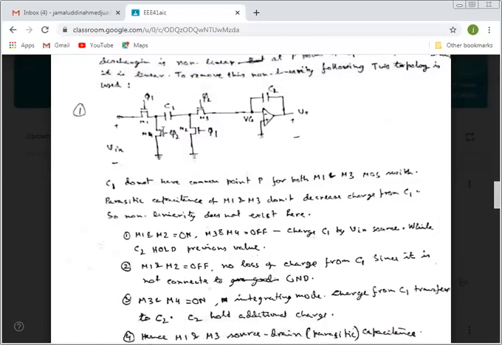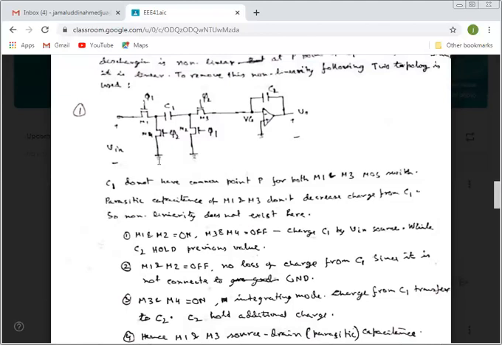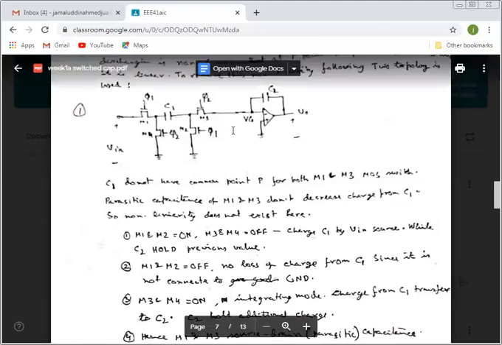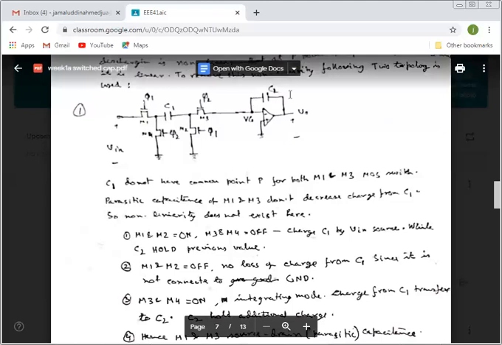So the capacitance charge here. Actually what happens is C1 discharges this way. That means C1 is going down, and since the inverter is a non-inverting inverter, just like this part, it will be positive. Here it is going down, meaning it's lowering the supply voltage, so it will be increasing the output voltage.